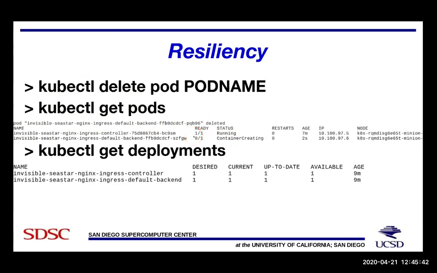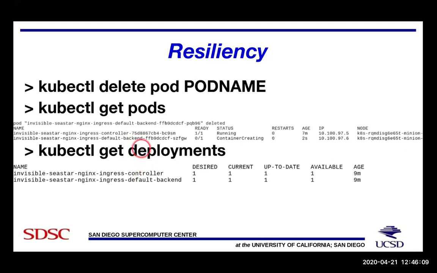How does Kubernetes know that we want this to be created? Because it has another type of resource, which is called a deployment. A deployment is a higher level resource that basically creates and scales up and down the pods on demand.